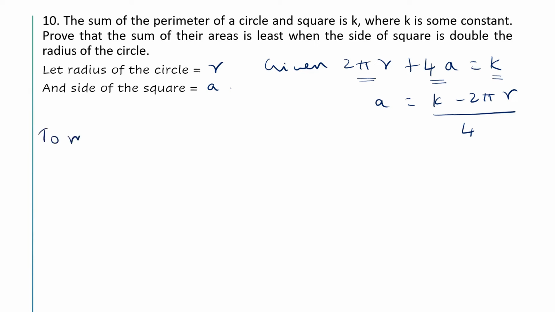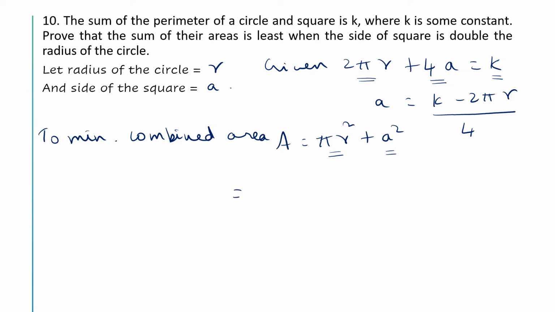So to minimize combined area, capital A equal to pi r square plus a square. Here pi r square is the area of the circle and a square is the area of the square. So now this combined area should be minimized.